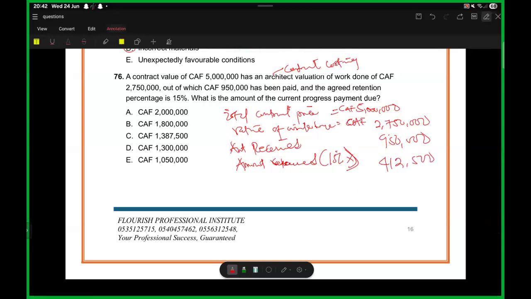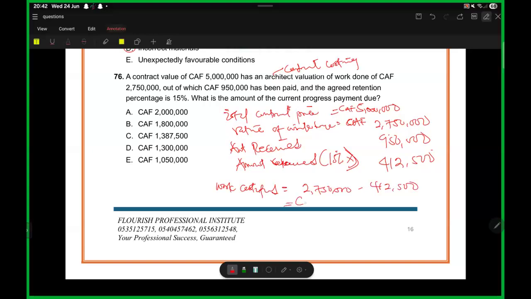Yes, please. Okay. So now we are to calculate the work certified. Remember, this is work done. Out of the work done, they are taking out 15% of it. So when we subtract, the work certified is going to become this amount minus the retention, the amount they will retain.